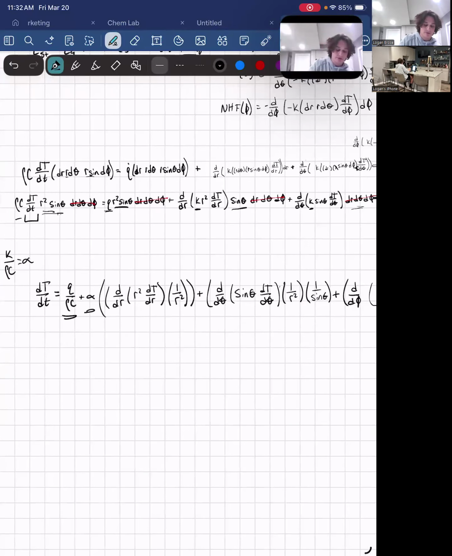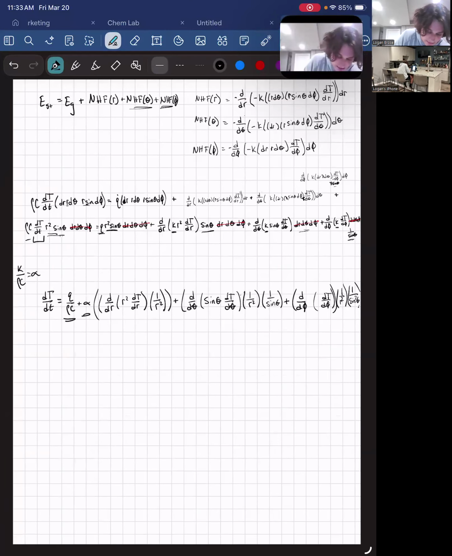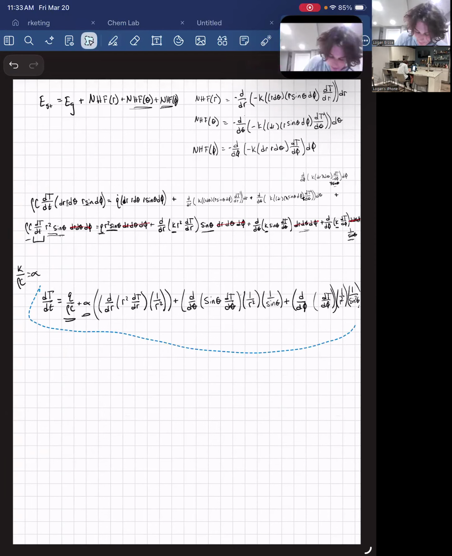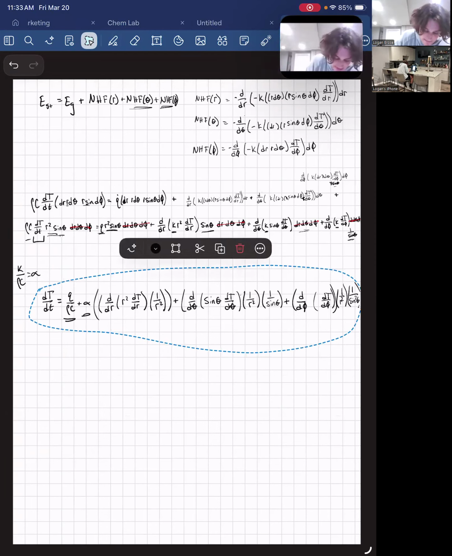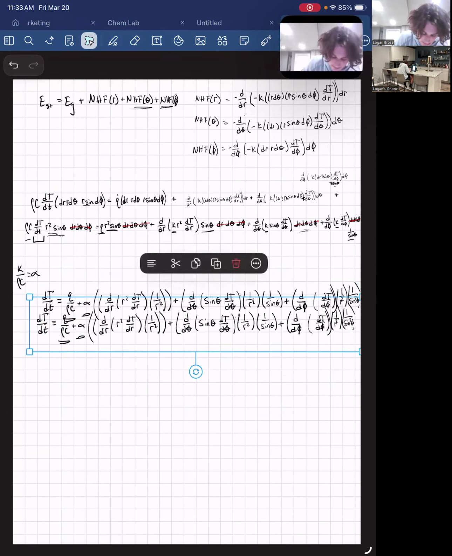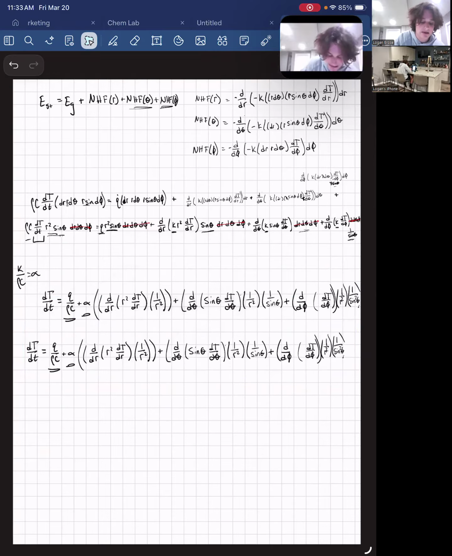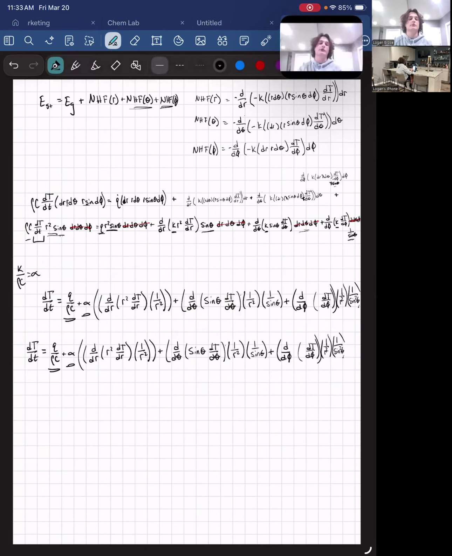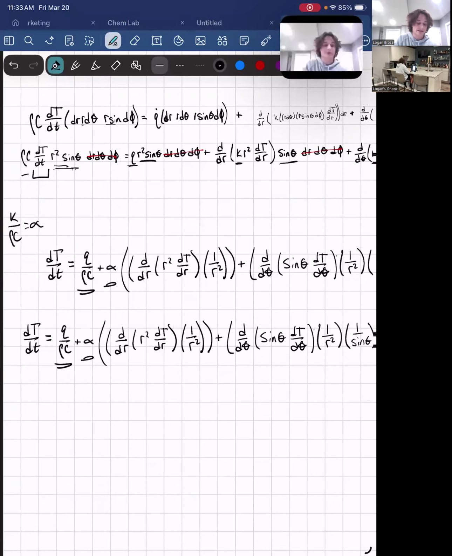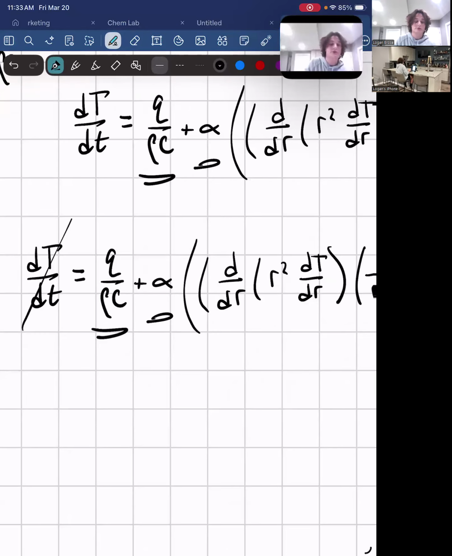And in the second part of this problem, we are told that we are at steady state with no heat generation, focusing on the radial direction. So what does that mean? Steady state, this goes to 0, no heat generation, 0.